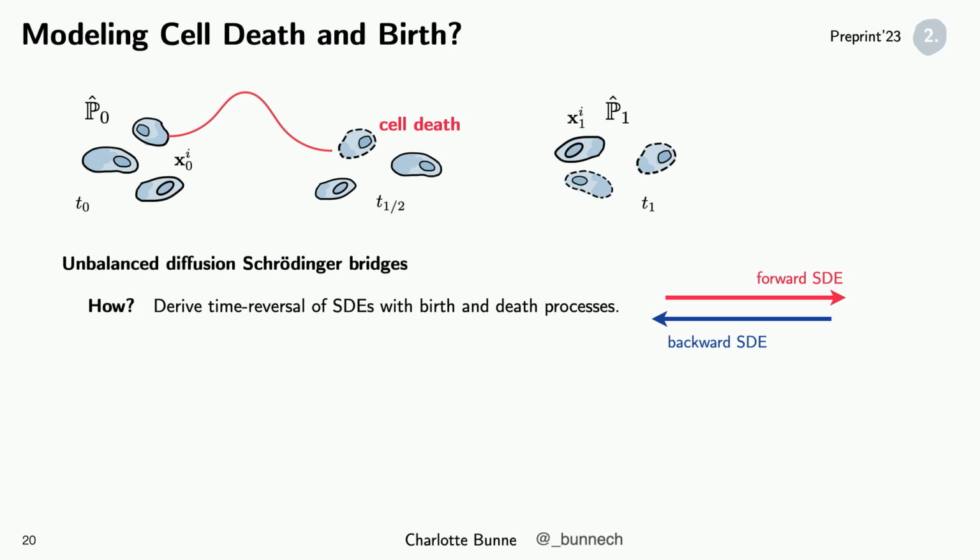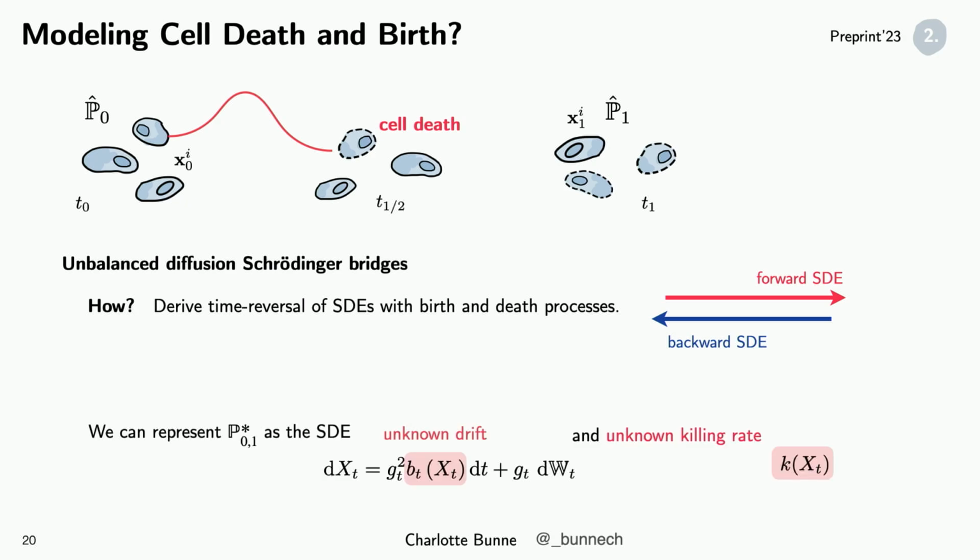And the way we did it is by deriving time reversal SDEs that contain birth and death processes, and thus are able to really model cancer drug effects that induce apoptosis. So basically we have this forward-backward SDE, and we derived a scheme for systems that have birth and death.